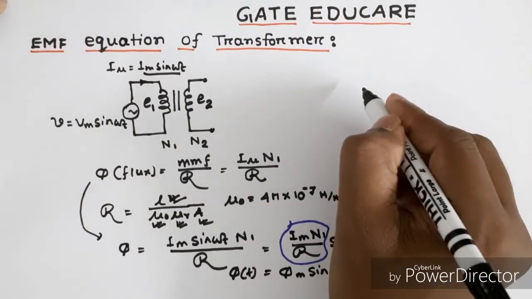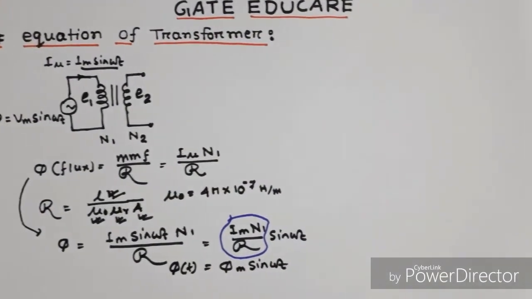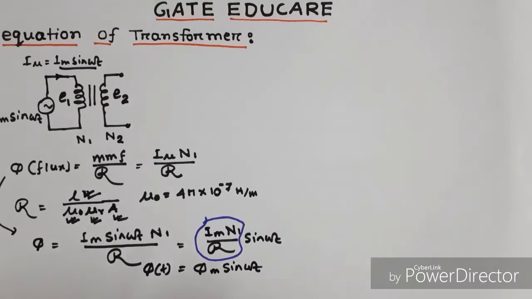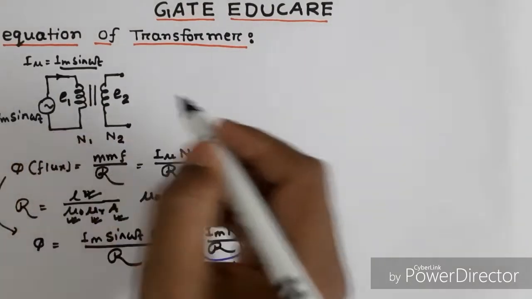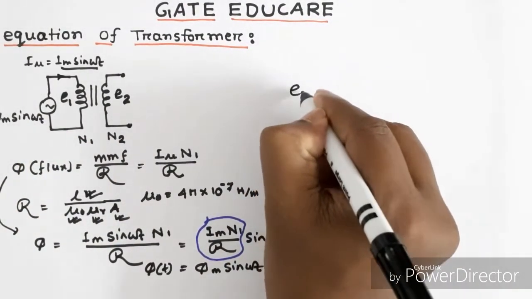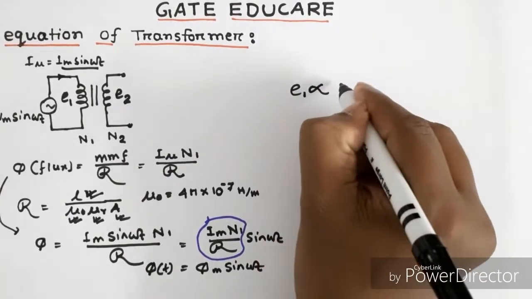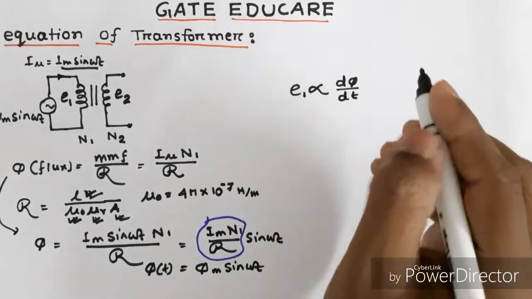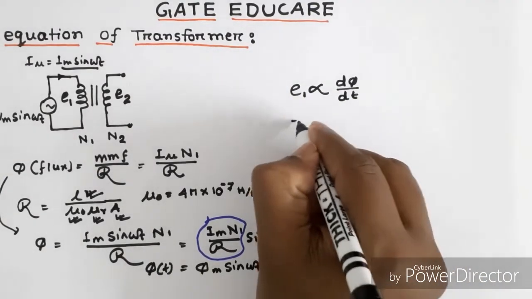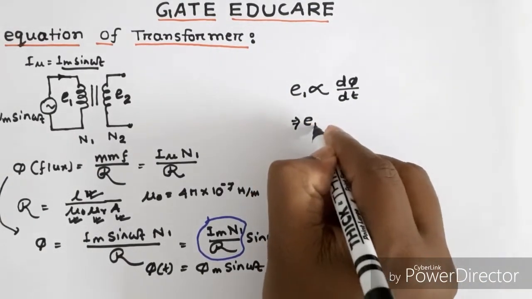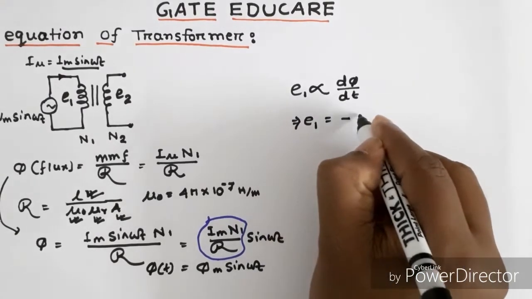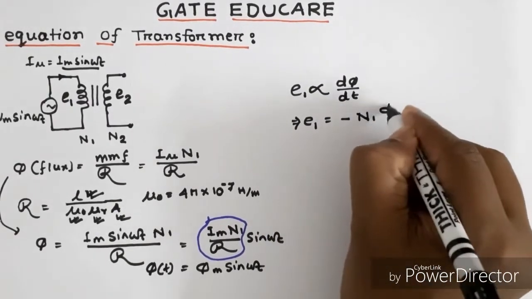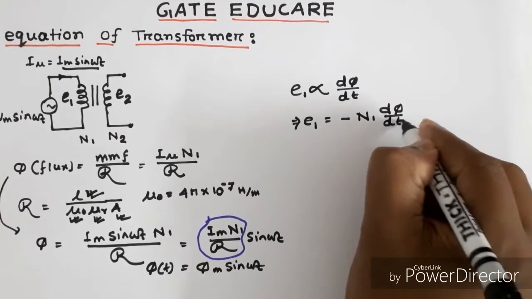Now, according to Faraday's law of electromagnetic induction, the induced EMF in the primary winding E1 will be proportional to d phi dt, the rate of change of flux. Therefore, E1 equal to minus of N1 d phi dt.